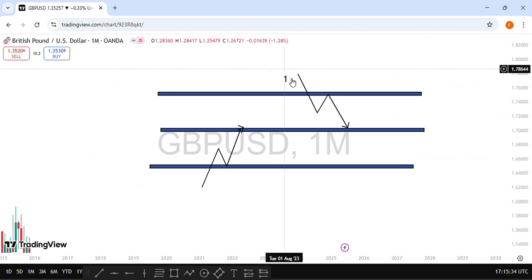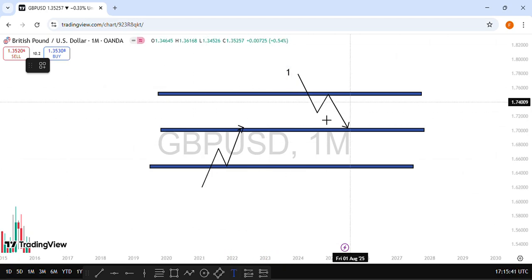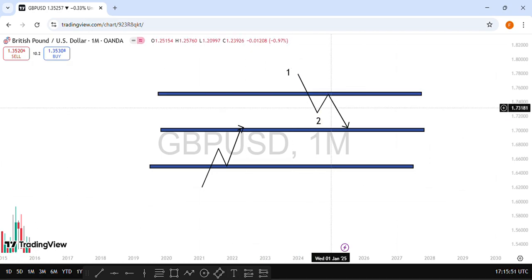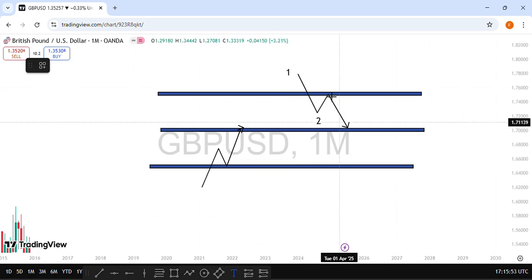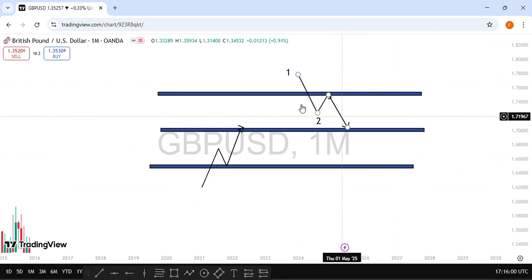This is 1. 2. And the last one, 3. So this is my 1 2 3 move.